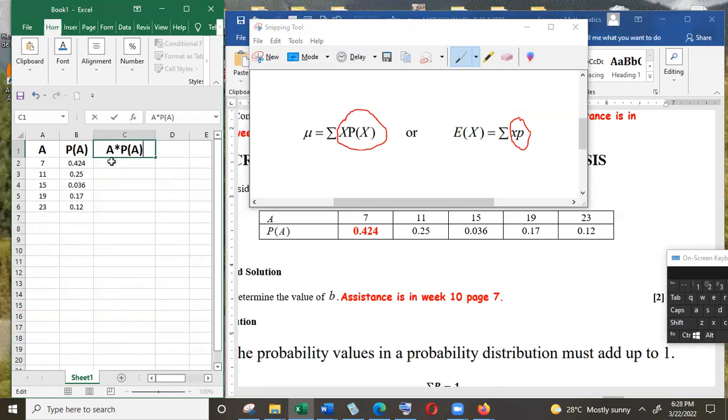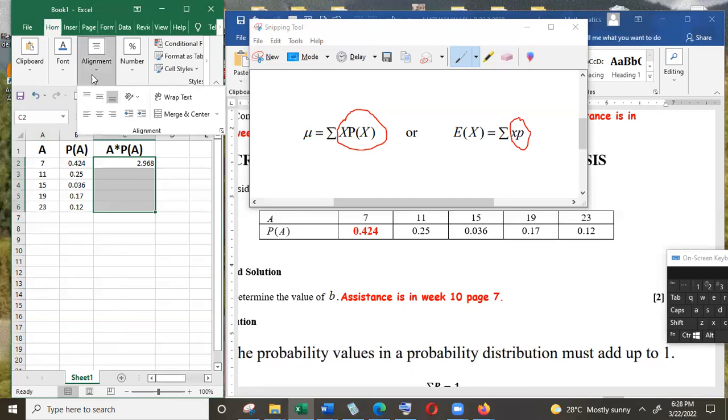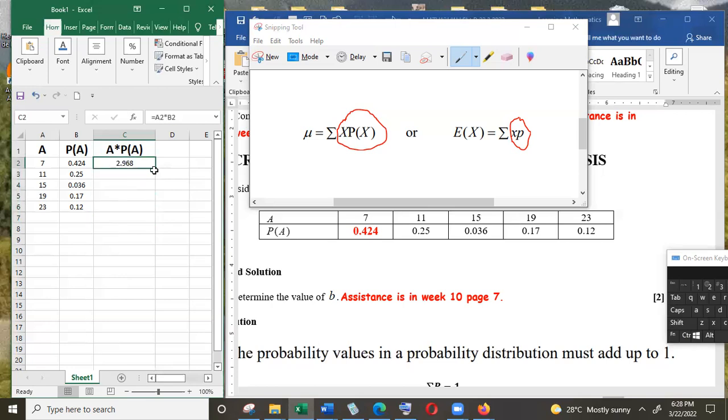Okay. So for the first A times P of A, we type equal. The first A is in A2. Or we can just click on A2, times, click on P of A, enter. And we can just double click on the friendly green box and go to auto sum.